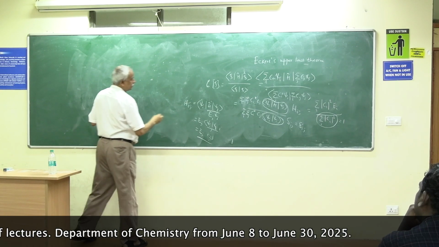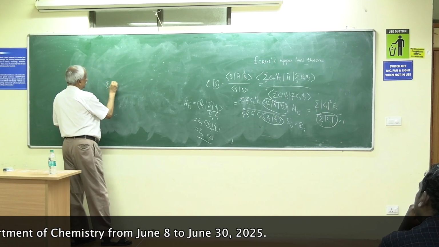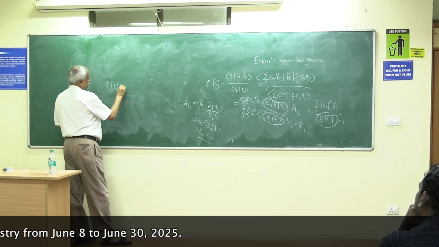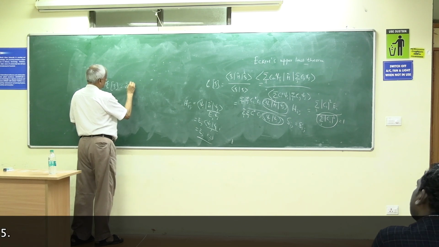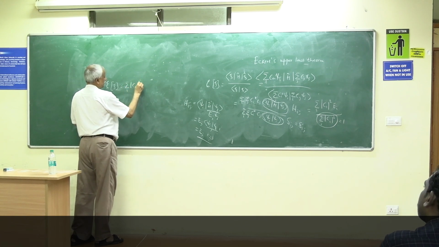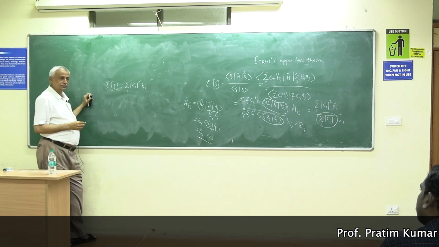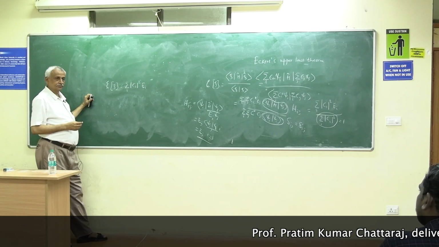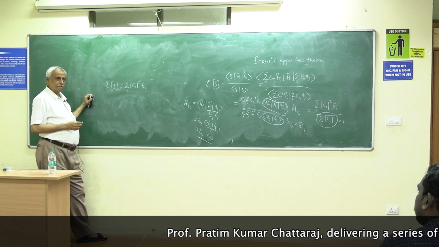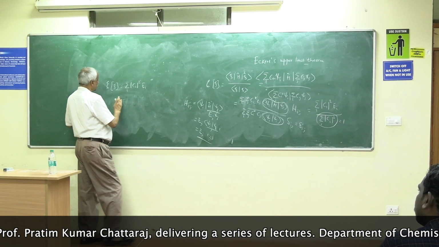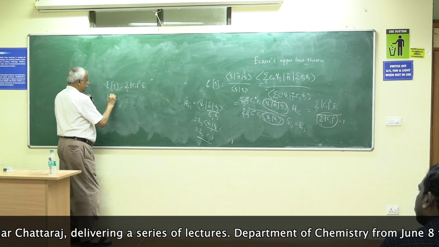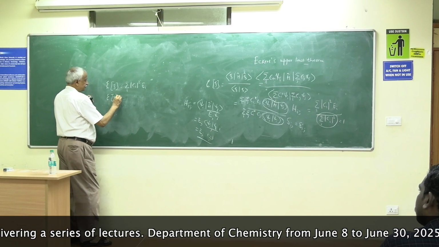So from there, what you can see, your E xi is mod Ci square Ei. Okay. Perfect. So I can write this as, suppose I subtract the ground state energy from both sides.